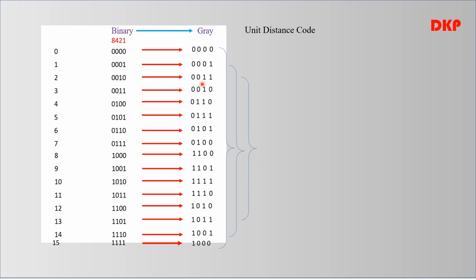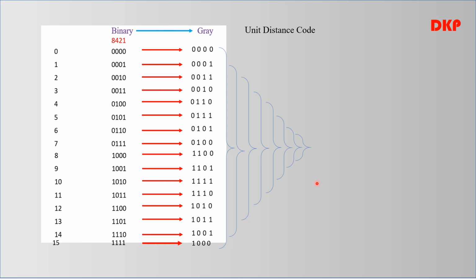Next, when you compare 2 with 13, you can see that this is reflecting 0, 1, 1. Here also you have 0, 1, 1. The first bit changes from 0 to 1. Similarly, you can compare the other bits, like here you have 4 when compared with 11 and so on.